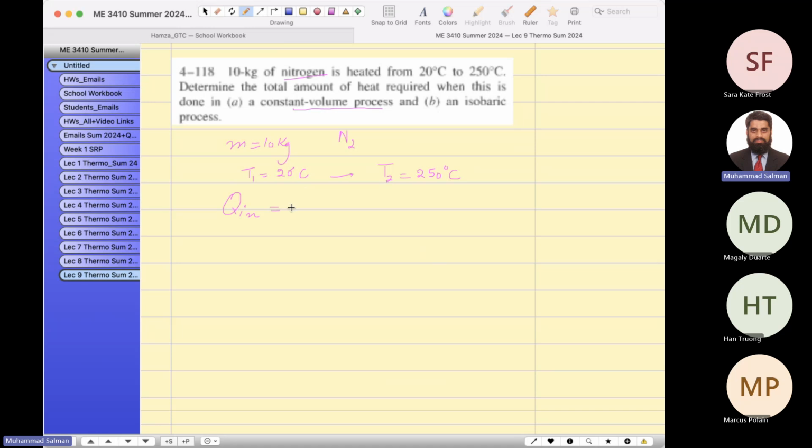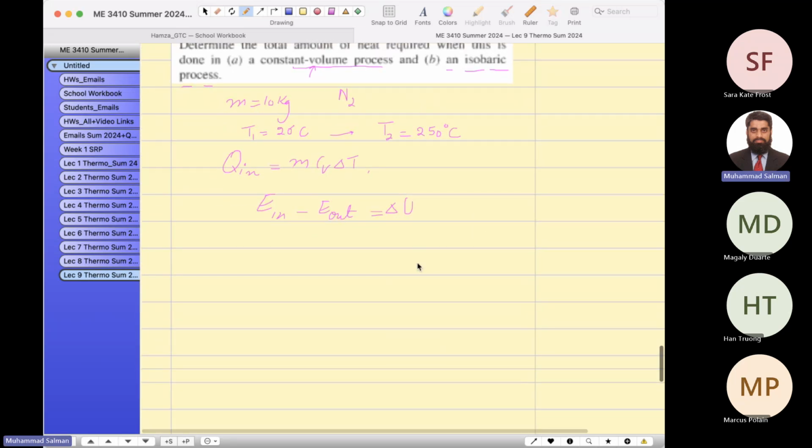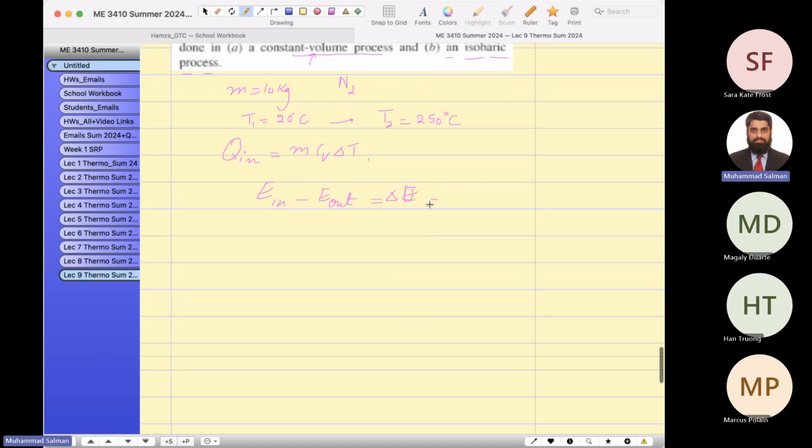At a constant volume, mCv delta T, and an isobaric process. Isobaric process means constant pressure process. So let me show you what I mean by that. For constant volume, first law: energy in minus energy out equals the change in energy, delta E. But here it is not a moving system, so it is delta U. When the working fluid is moving, you would consider kinetic energy, or potential energy if there is a height difference.